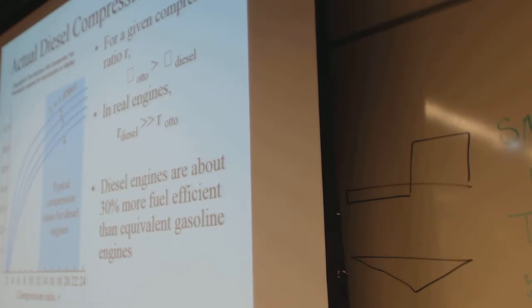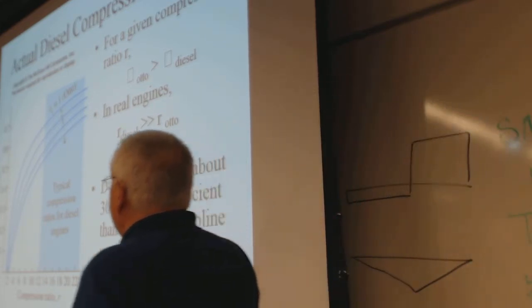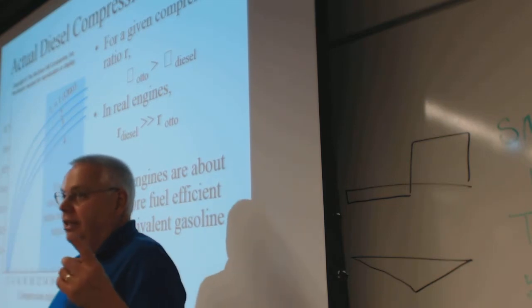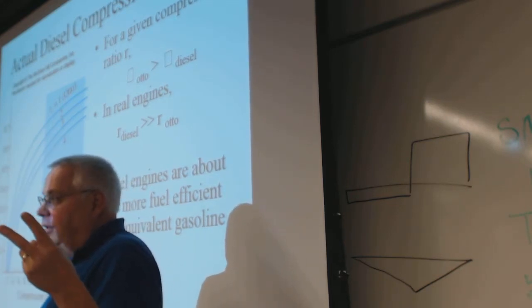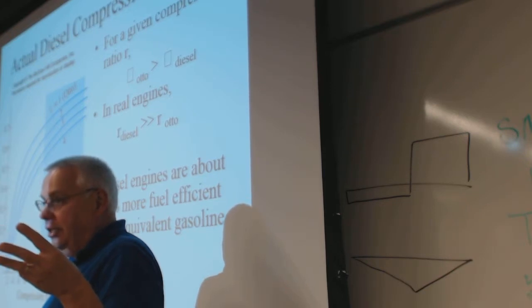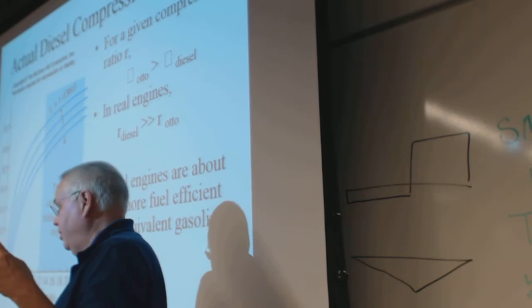So we're actually looking at basically 4 engine type cycles in this chapter. Otto cycle, gasoline engine; diesel cycle, diesel engine; Brayton cycle, which is a gas turbine, and then we'll take it into the Rankine cycle, which is a steam turbine.